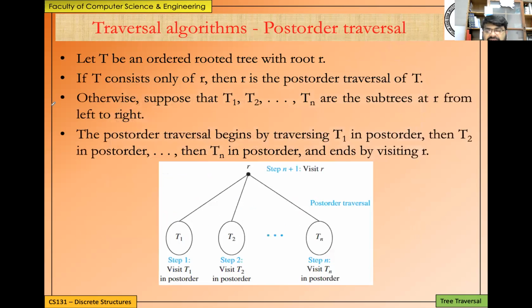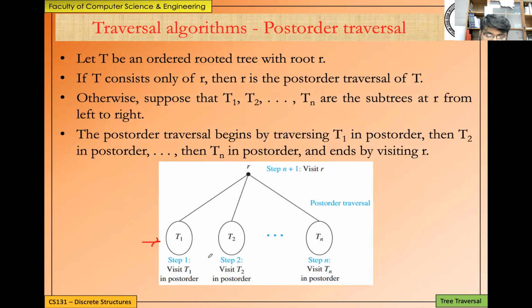Okay. Similarly, we can have a post order traversal, and post order traversal is really simple. Basically, let us suppose that T is an ordered rooted tree with root R. In this traversal, in the first step, we visit the left subchild, then the second subchild, then third, fourth, fifth.